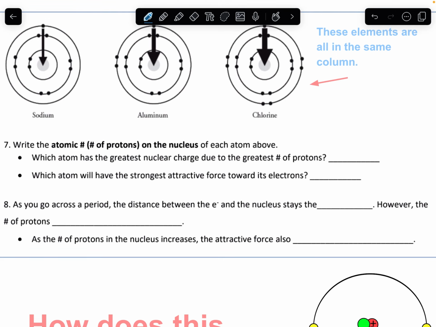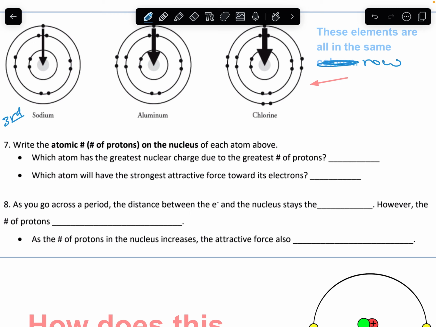So if we compare elements in a column, so sorry, this is not column, this is definitely row. In a row, we're going to notice that the distance stays the same. So all of these elements are on the third row. So all of their energy levels are the same. They all have 3 energy levels.